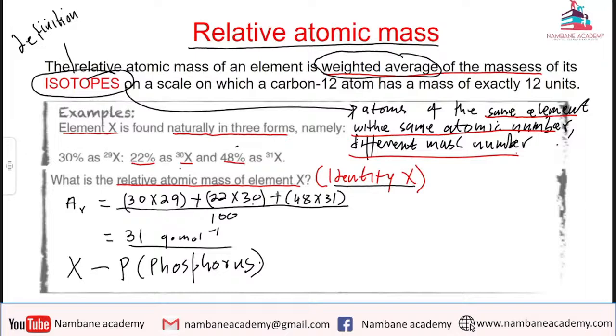When you do this calculation, your answer relates to phosphorus, which will give you 31 grams per mole. So we are using this to eventually identify the element X. This is one of the basic concepts that I want you to grasp and understand.